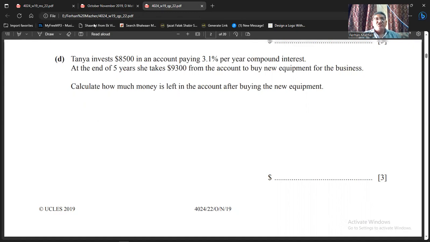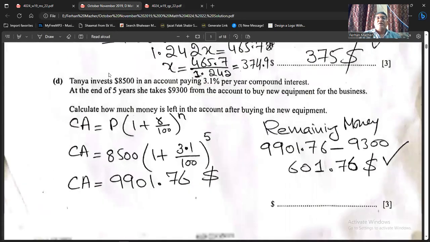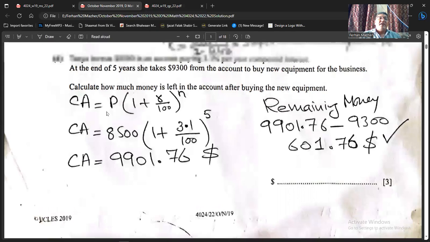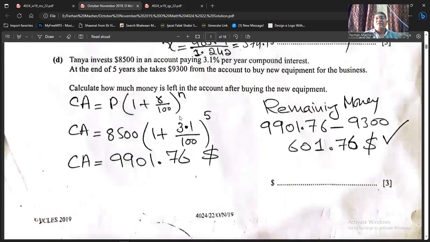Okay. So the formula for the compounded amount is P times bracket 1 plus R by 100 bracket close raised to power N, or sometimes we say raised to power T. The principal amount here is 8,500. The rate is 3.1% per year, and 5 years, so 5 compounded periods.